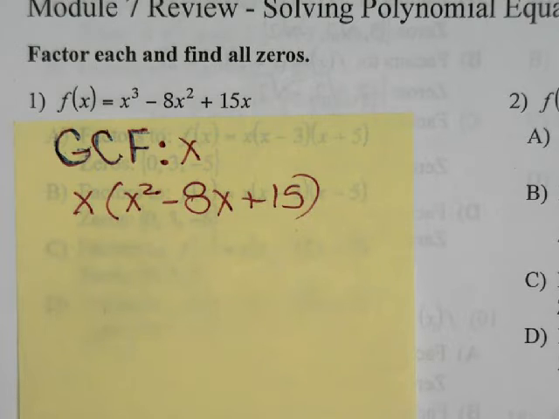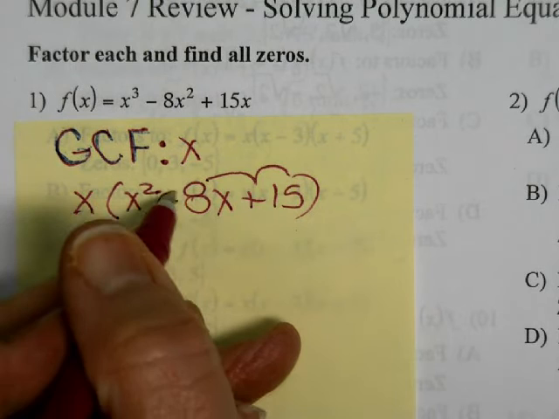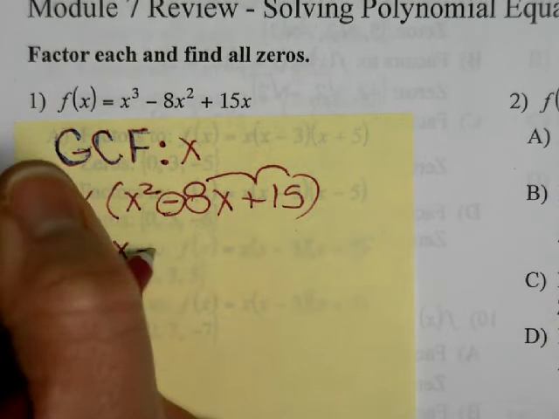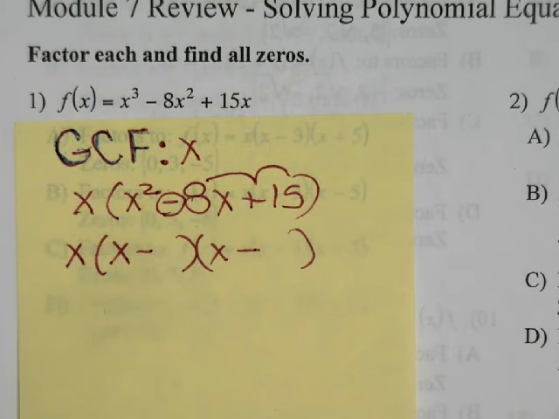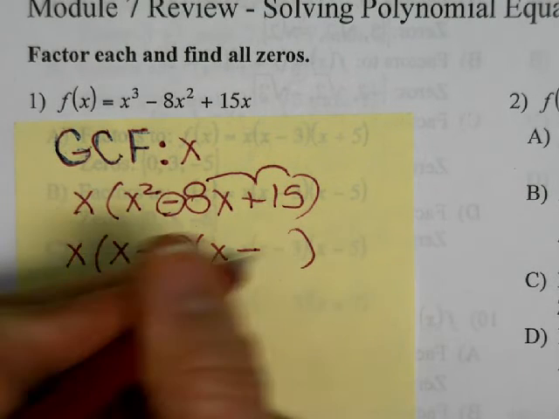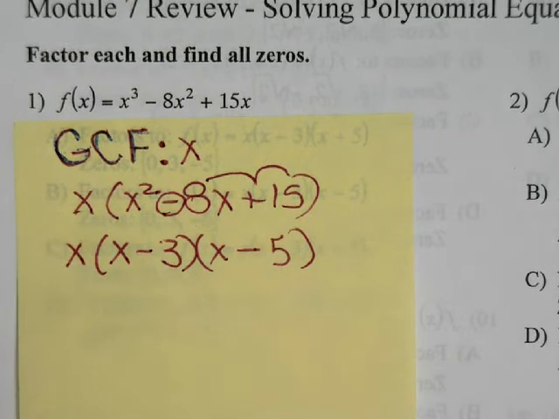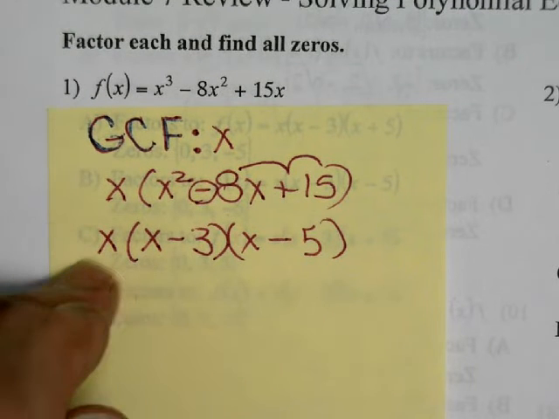And they ask us, are there factors of 15 when added give us 8, but they're both negative? Both negative. Should be 3 and 5. But unfortunately, there's more than one choice with this as the factors.